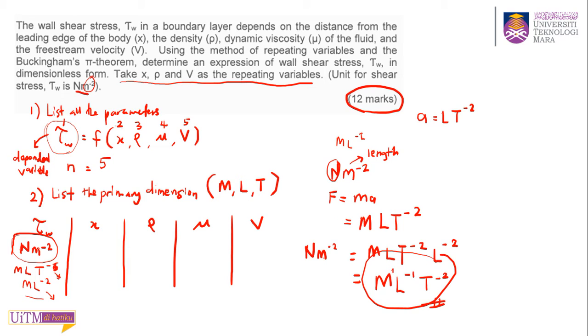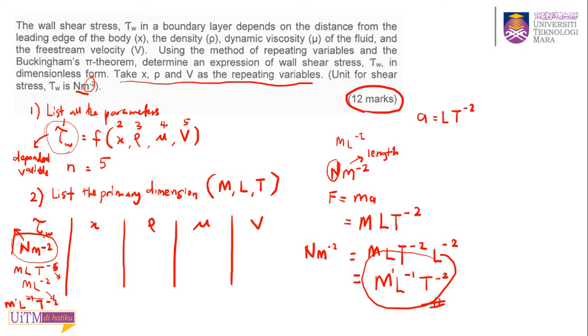Newton meter, you need to open up, break this unit: the unit for Newton, and the unit for meter minus 2. So you get the primary dimension for tau is M1 L minus 1 T minus 2. Okay, can you understand this?